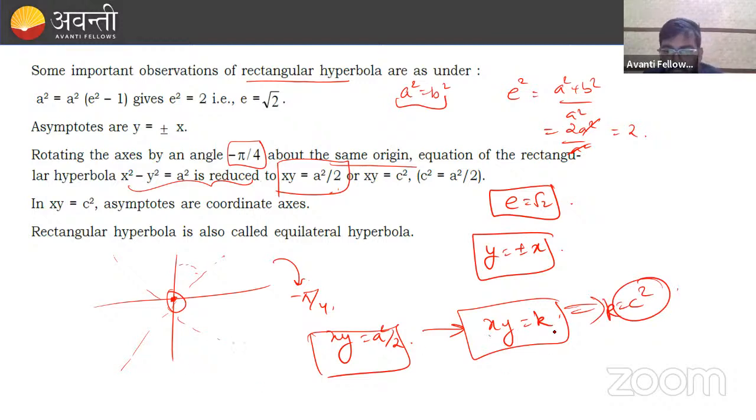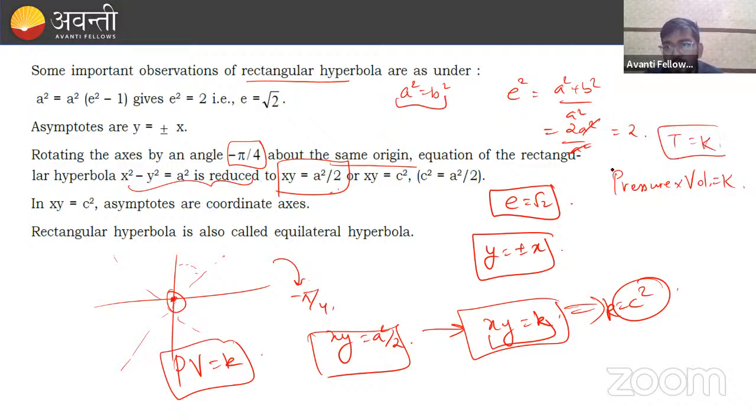You have seen this type of equation in chemistry and physics somewhere: PV is constant, where the product of pressure and volume is constant when the temperature is constant.